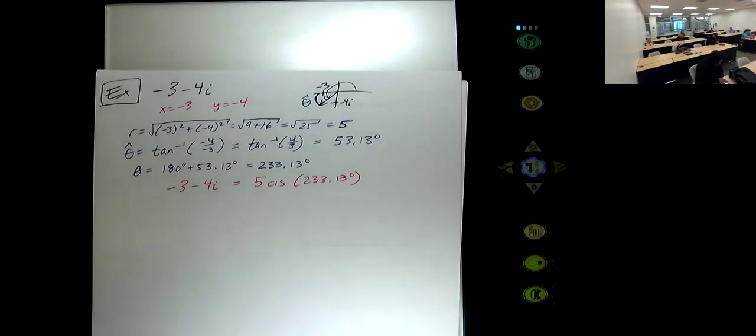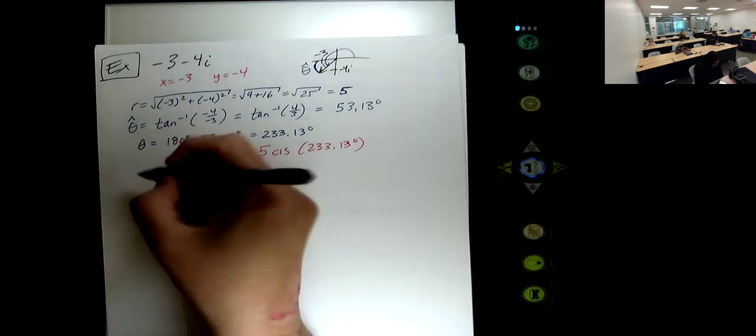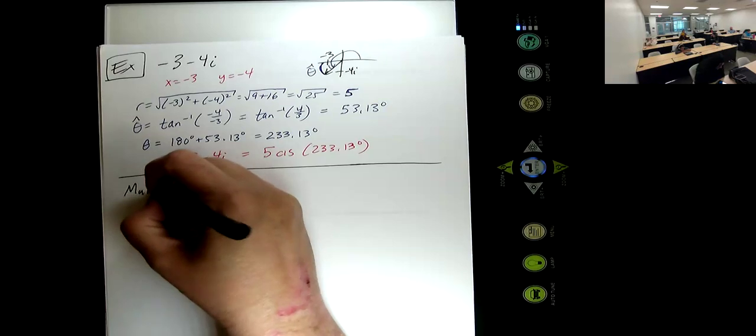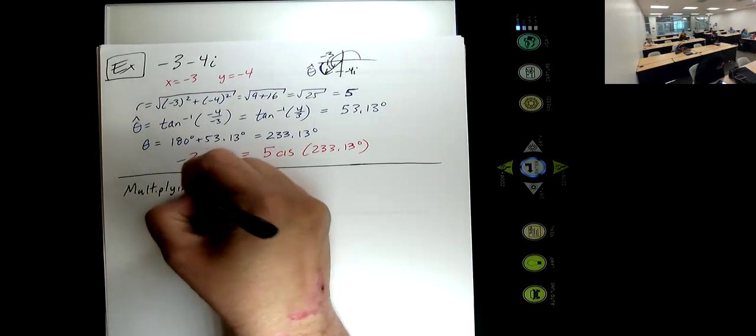Alright, so we showed how you multiply complex numbers in rectangular form. How do we multiply complex numbers in polar form?